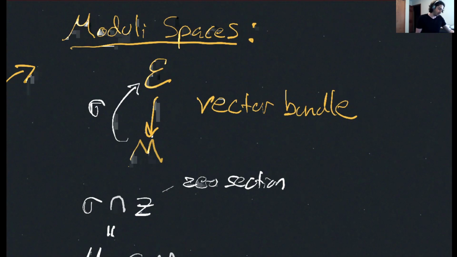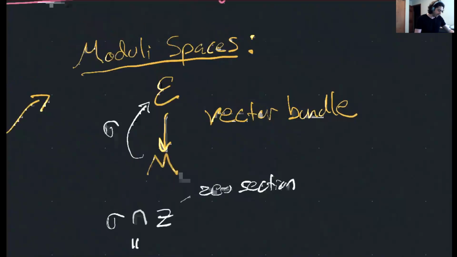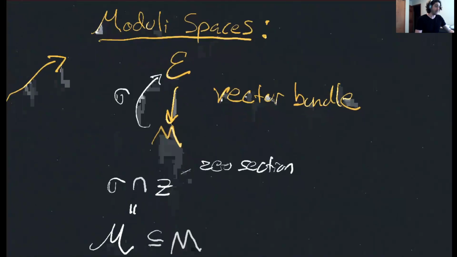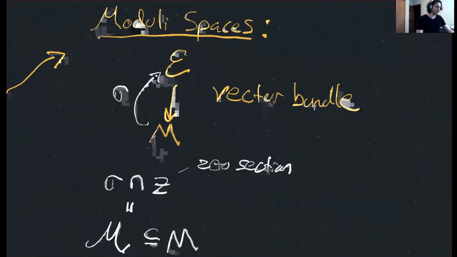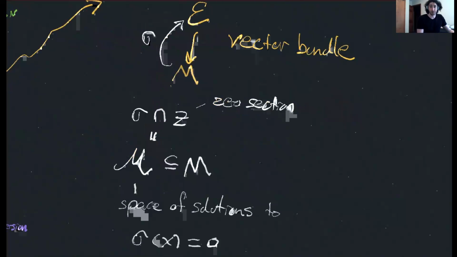So you're looking at the intersection of the section with the zero section, or more precisely, a fibered product over the vector bundle with M, one map being the inclusion of the zero section, and the other being the section at hand. That's your moduli space, a space of solutions to this equation. Often this can be a PDE that you're trying to study.